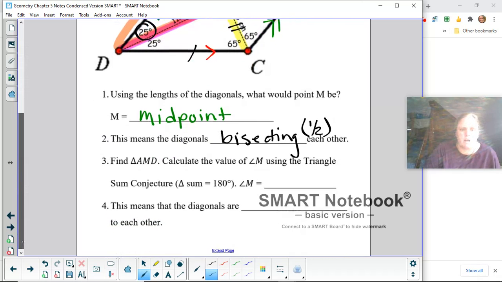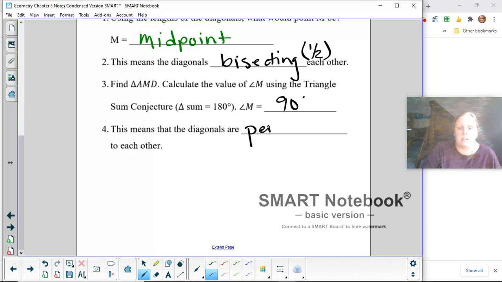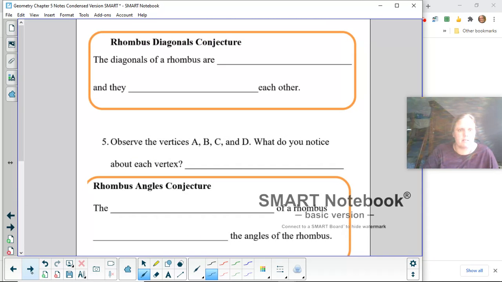So going back down to that question, the measure of angle M is 90 degrees. Now, if the two diagonals are crisscrossing at 90 degrees, that means that they are perpendicular to each other. And remember, that means a 90-degree intersection. All right, there is our rhombus.